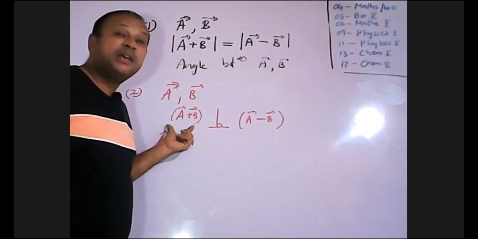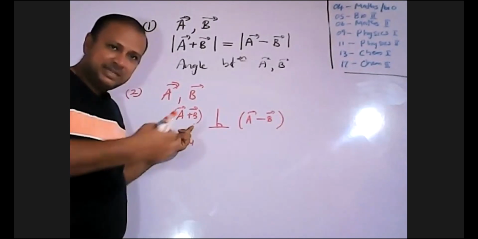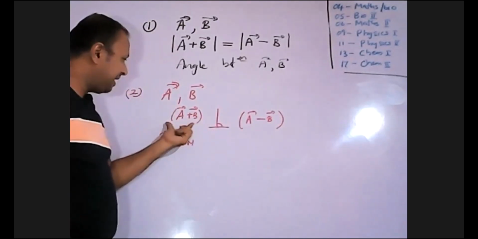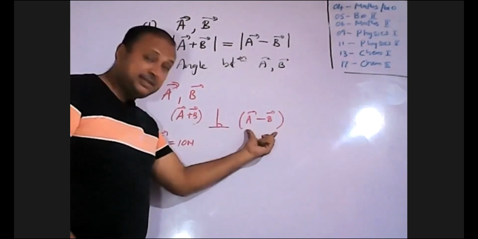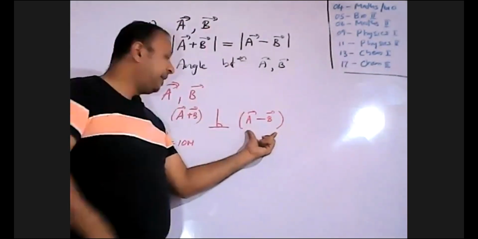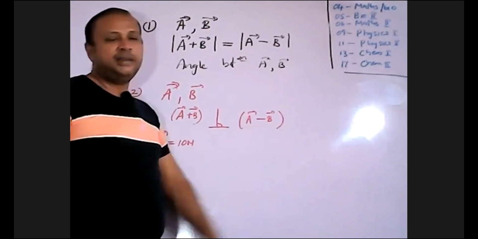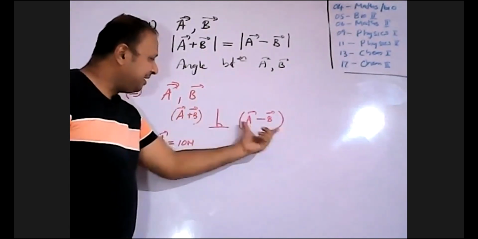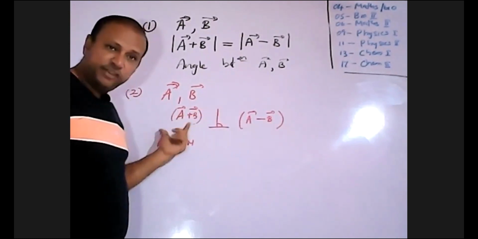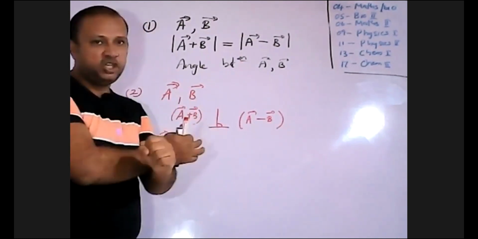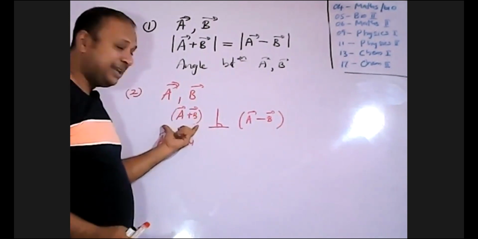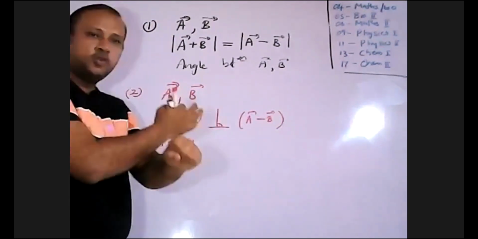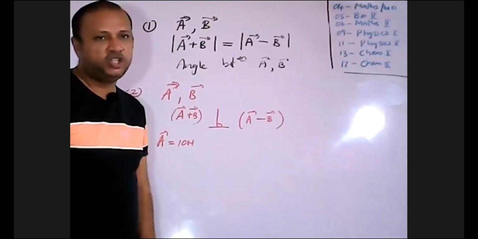You know, A plus B is a diagonal of a parallelogram. A minus B is the other diagonal of this parallelogram. So two diagonals of this parallelogram are perpendicular to each other.